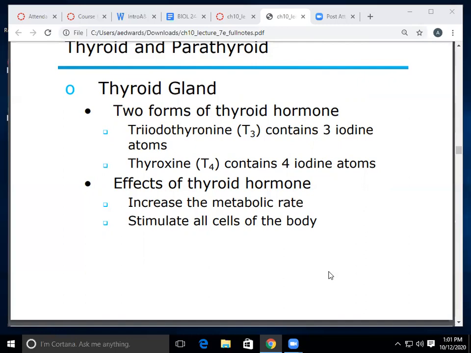T4 has 4 iodine atoms. Okay. If you break these words down, they're not that bad. T3 is triiodothyronine. Okay, triiodothyronine. And then T4 is thyroxine.